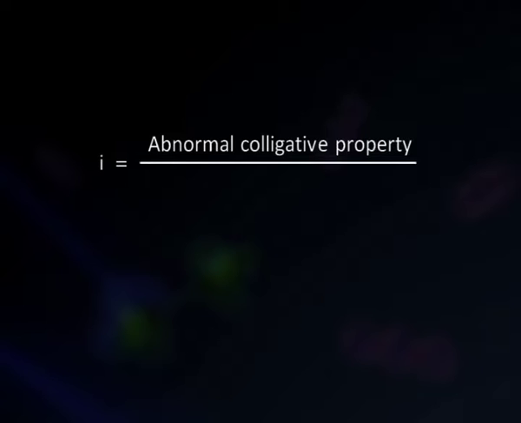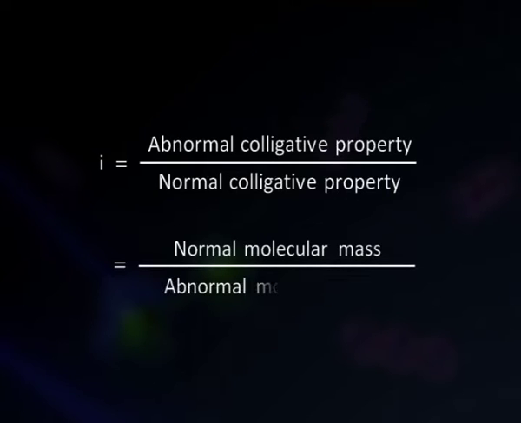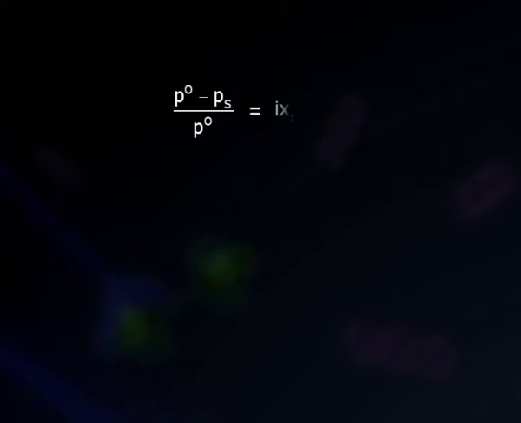Van 't Hoff factor i is equal to abnormal colligative property upon normal colligative property, which is again equal to normal molecular mass upon abnormal molecular mass. Now, relative lowering in vapor pressure will be equal to van 't Hoff factor into mole fraction of solute. Elevation in boiling point will be equal to van 't Hoff factor into molar elevation constant into molality of the solute.